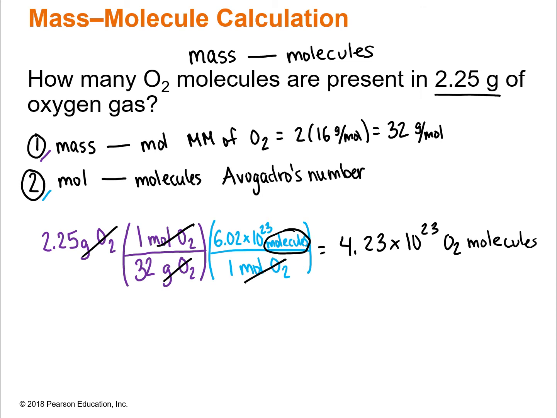So for those of you who got stuck, did this help? Does it make a little bit more sense now? And notice how we have the same kind of modules, mass to moles and moles to molecules. We're just switching the order. So if you can do the simpler problem types, you can string those together to do the more complex ones.